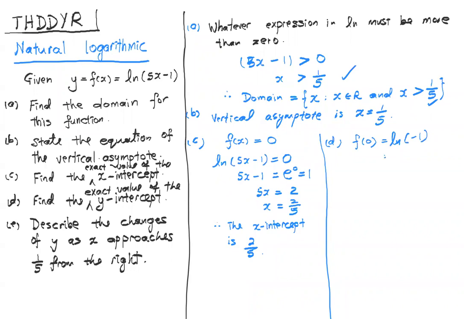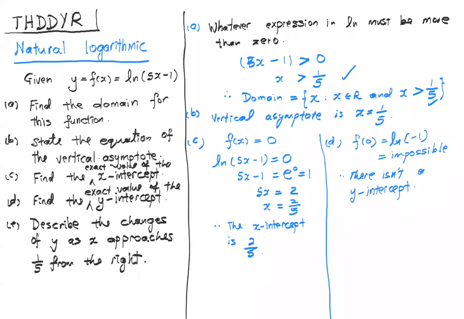So this is impossible. So therefore you say there isn't a y-intercept. You have to bear in mind, it doesn't mean that every curve will have the x and the y-intercept.